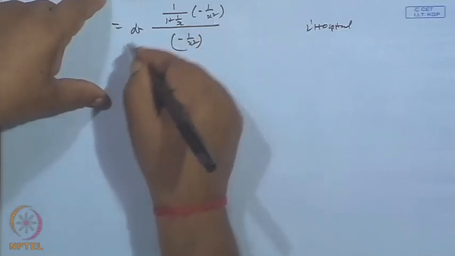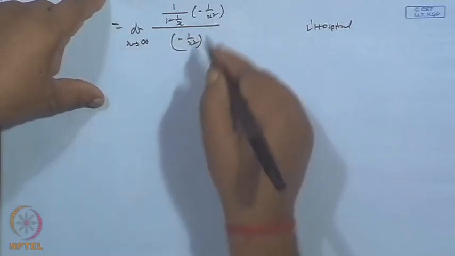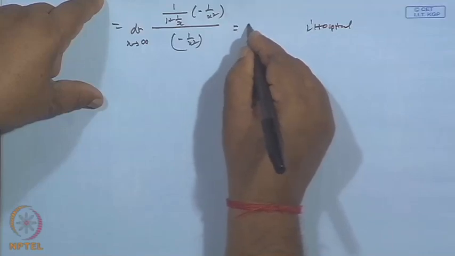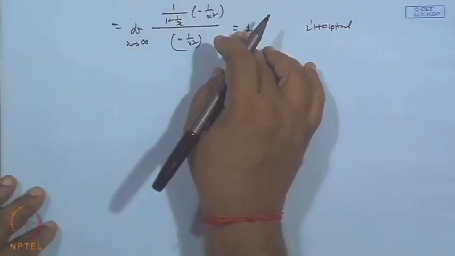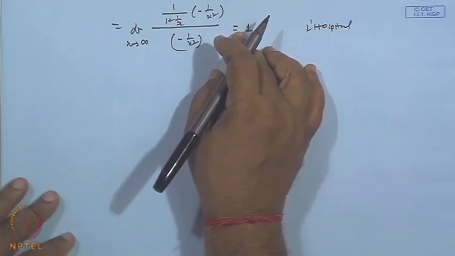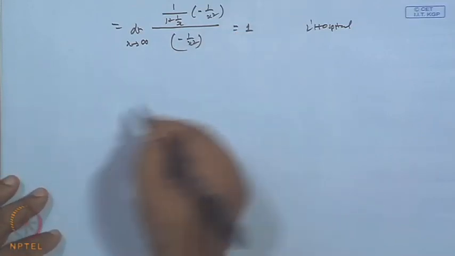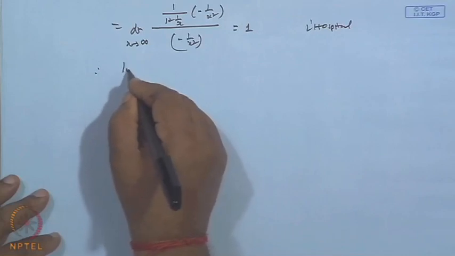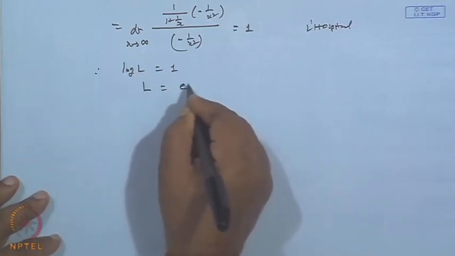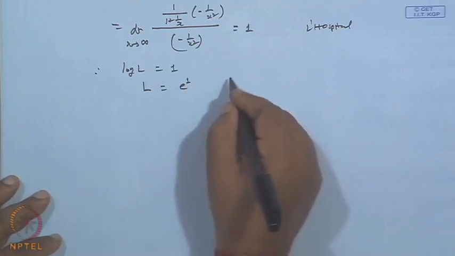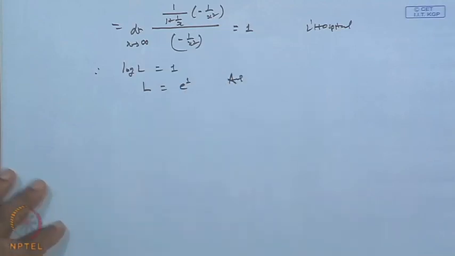Then take the limit as x tends to infinity. This limit comes out to be 1. So log of L is 1, therefore L is e to the power 1, that is e. So the answer is e.